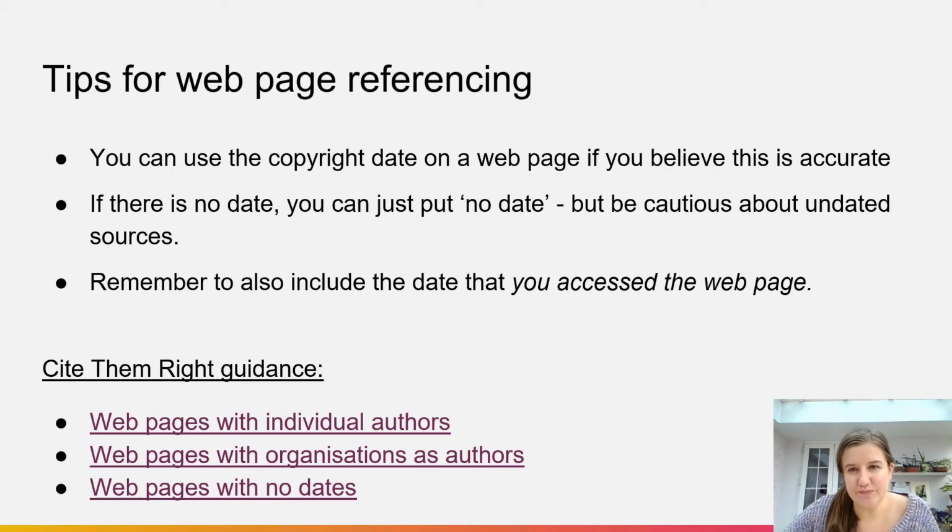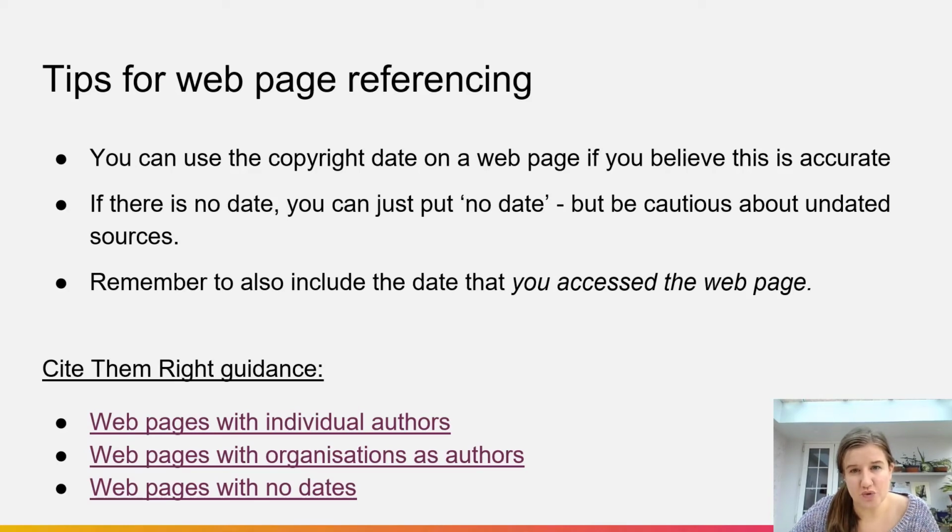So sometimes you might get long forgotten pages on a website that haven't been updated in years, even though the website copyright date is this year. But usually websites that are well maintained will have current information on them, in which case the copyright date is likely to be accurate. So use your judgment a little bit there.